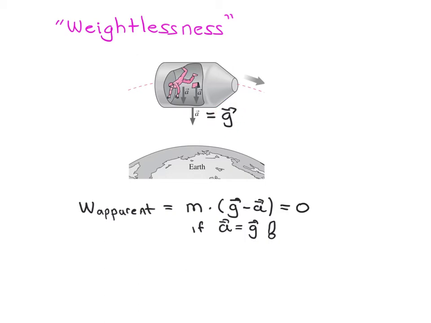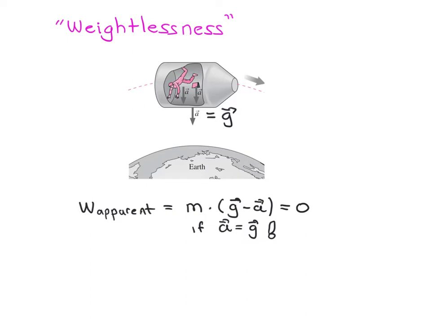So the acceleration of everything is G, and therefore, relative to the capsule, you're not going to accelerate at all. So that is why you feel weightless in orbit around the Earth.